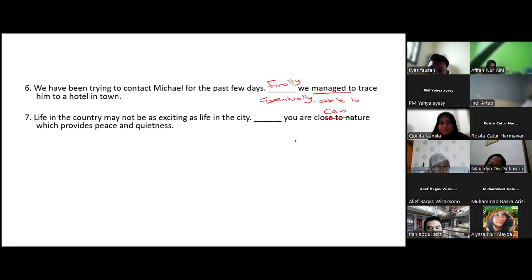Anyone? Try to understand the first and the second sentence.